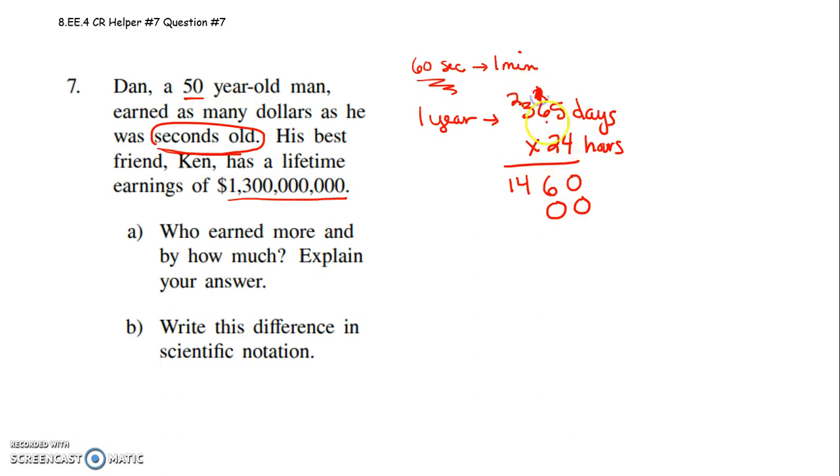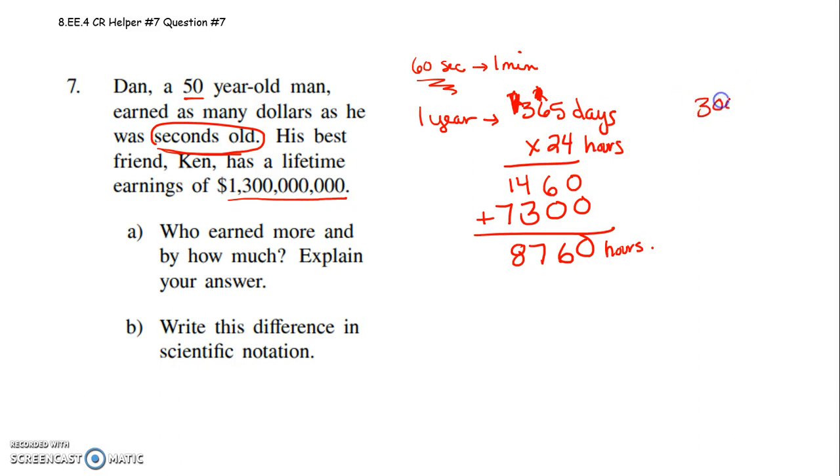Carry a 1. 2 times 6 is 12, and 1 is 13. 2 times 3 is 6, and 1 is 7. 0, 6, 4 and 3 is 7, 7 and 1 is 8. So is there 8,760 hours in a year?